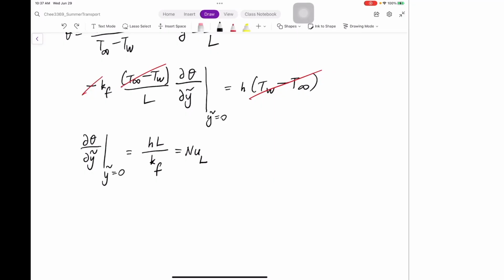So what does this say? This is a remarkable formula. Look at this number and look at this thing. What does it tell us about the Nusselt number?